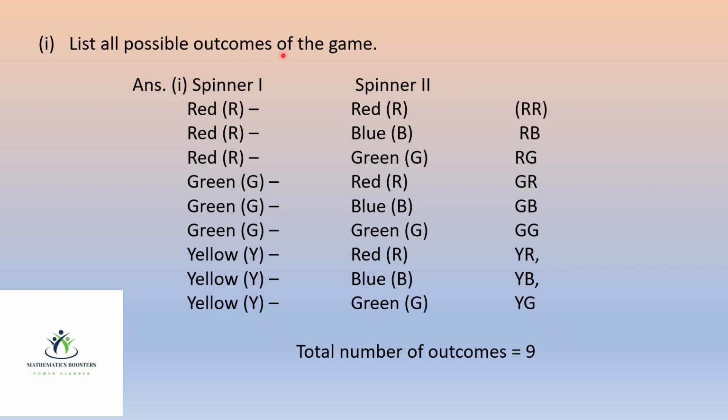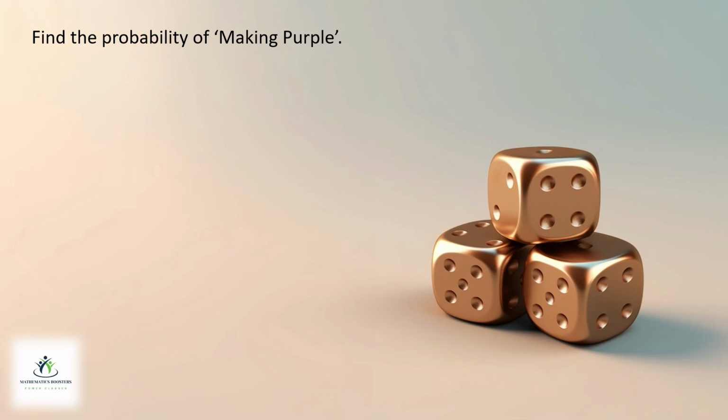List all the possible outcomes of the game. So spinner 1: red, red; red, blue; red, green; green, red; green, blue; green, green; yellow, red; yellow, blue; yellow, green. These are all the possible outcomes. So total number of outcomes is 9. Find the probability of making purple.